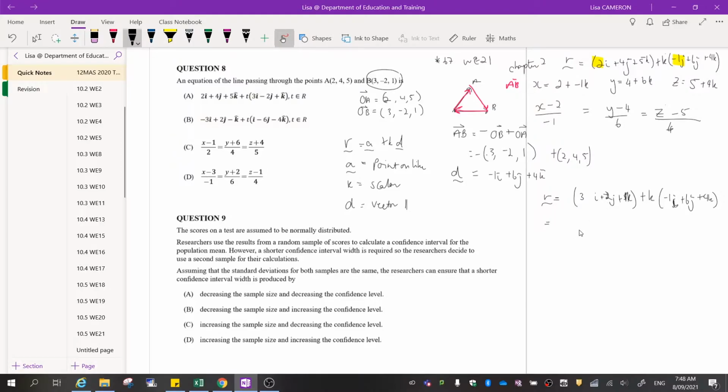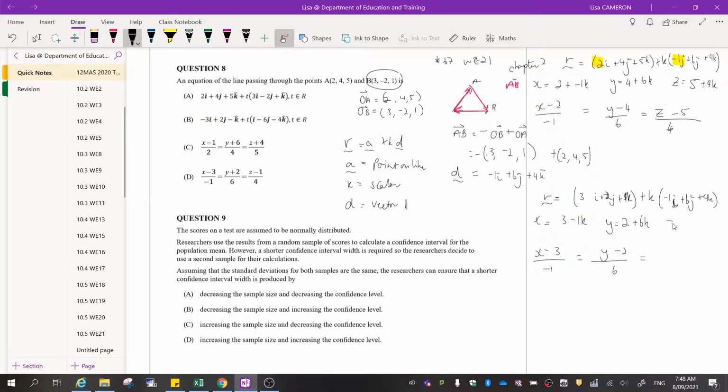The next thing we're going to try is converting it into Cartesian form, since I've narrowed it down to one of these two. So x is equal to 3 minus 1k. Then y is equal to 2 plus 6k, so y minus 2 over 6.